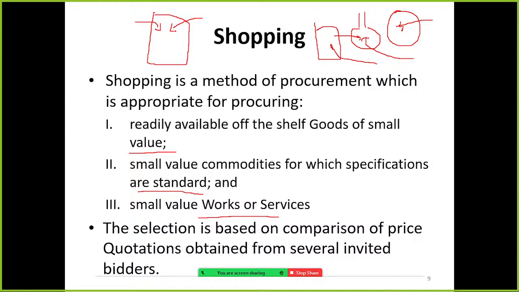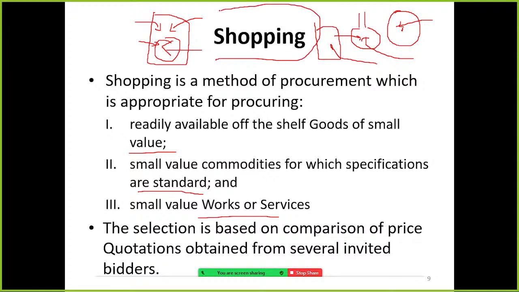They want a service from an electrician, a mason, or a carpenter. They can immediately call them, get the service, and make the payment. These are small valued items. For this, they don't want a procurement committee or technical committee, no need. The items and services are readily available.